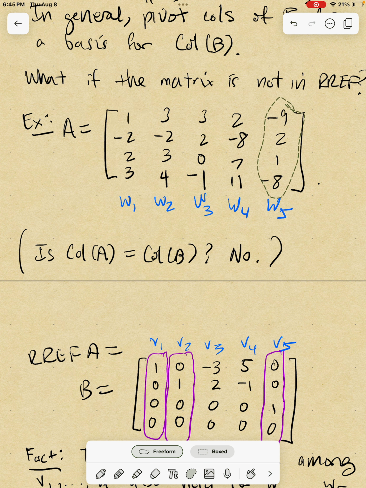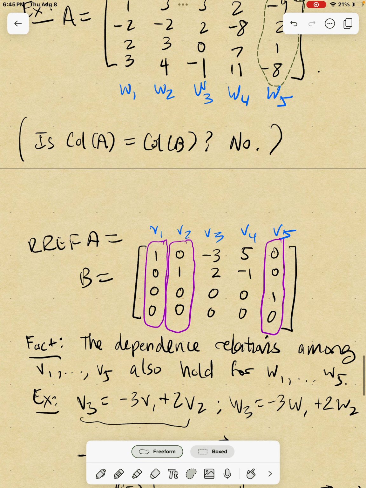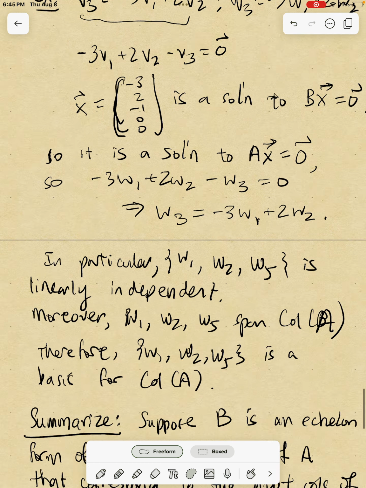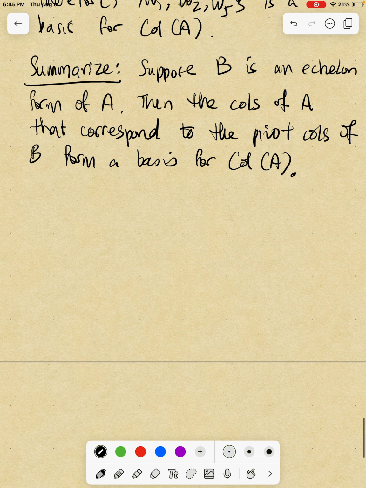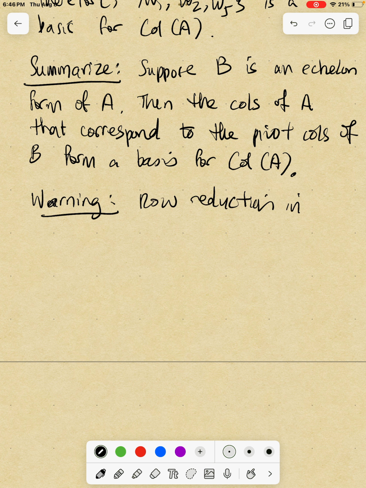So none of these vectors are in the column space of B. So in general, row reduction does change the column space. Let's just leave this as a warning: row reduction in general changes the column space.